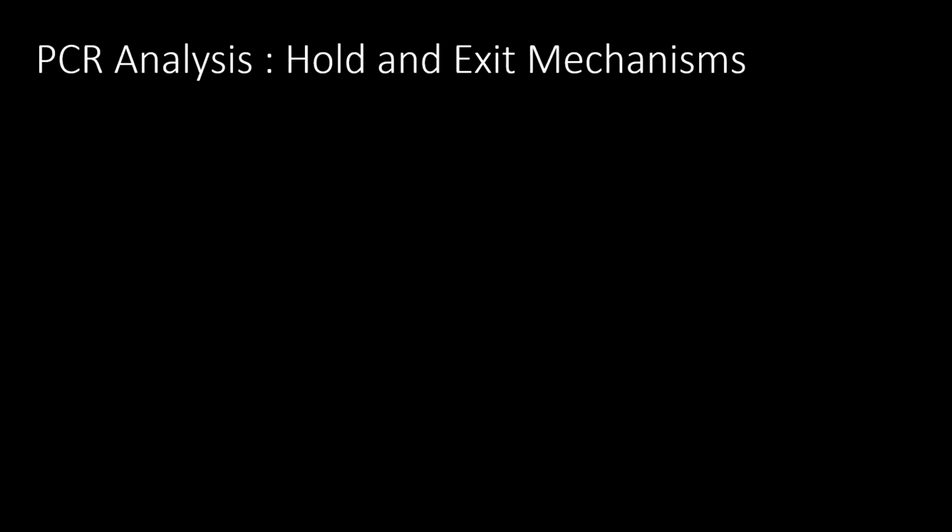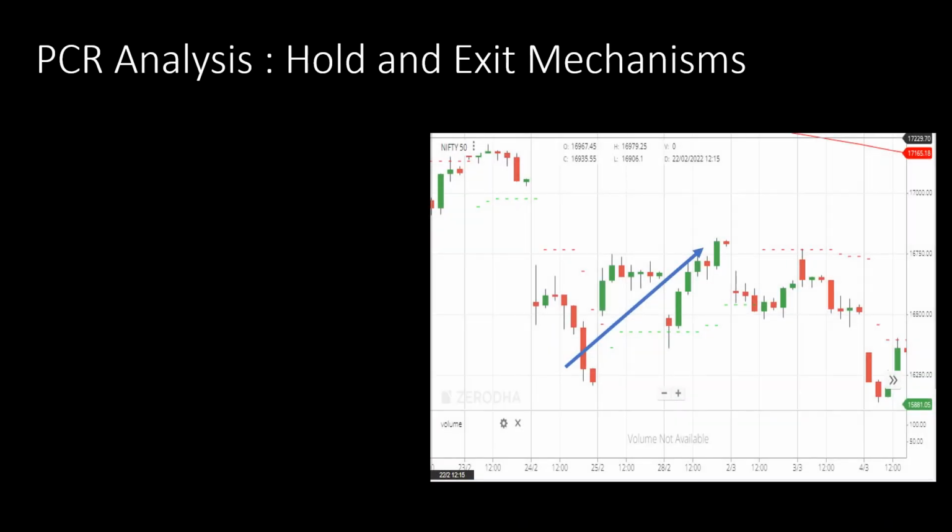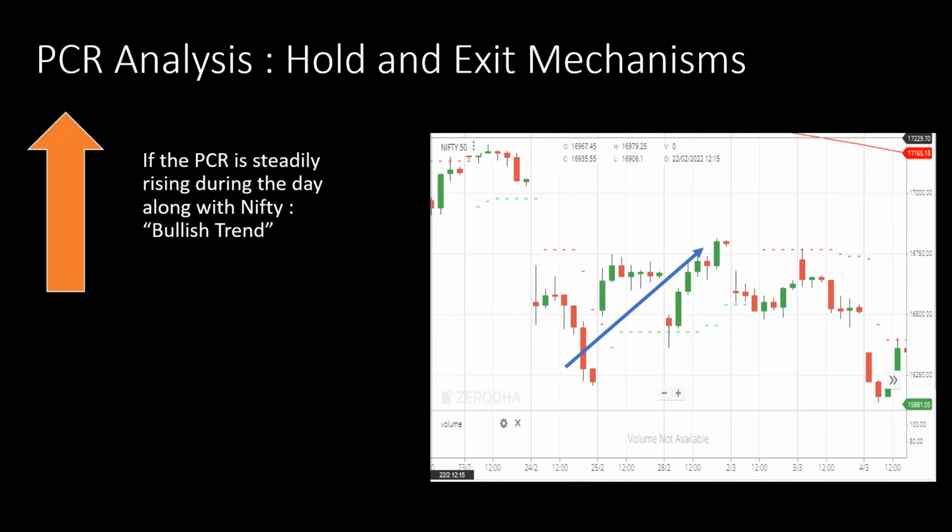Let us continue with the example that we discussed in the previous slide to talk about the hold and the exit mechanisms. If you remember, we bought call options when PCR dropped below 0.8, that is, Nifty moved into that oversold region. We continue to hold on to those call options as long as the bullish trend is intact.